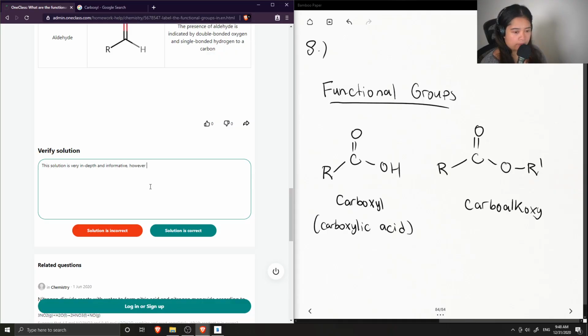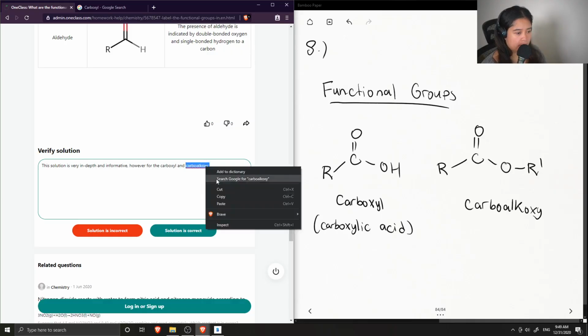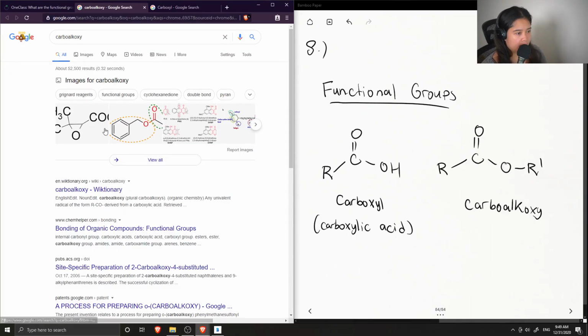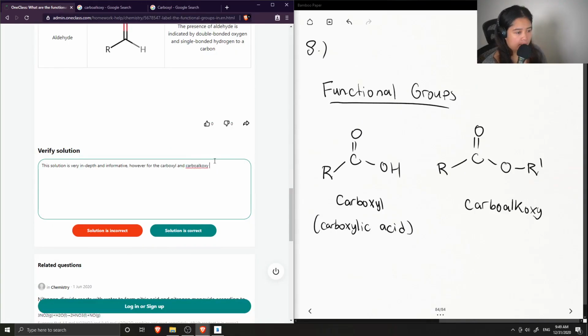However, for the carboxyl and carboxy, yeah, I guess it's just not that common of a word. Carboxyl group.